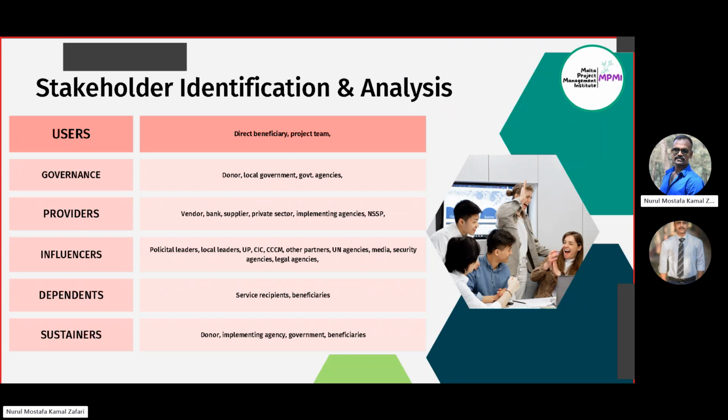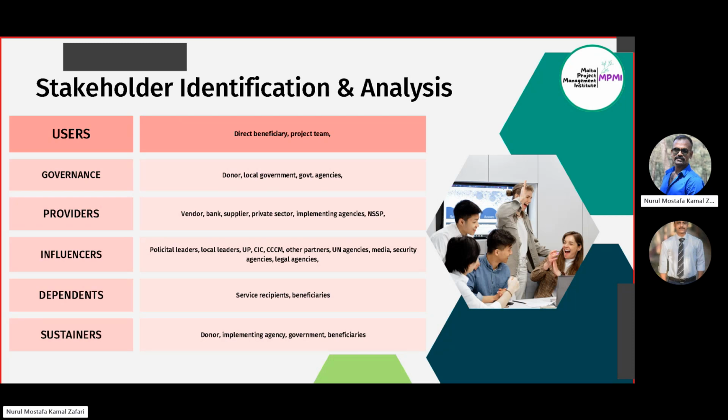In a project, there might be users, means the direct beneficiaries or project team members or the customers. Then governance means the donor, local government and government agencies. Providers provide services to the project team members, and the organization means the implementing organization.